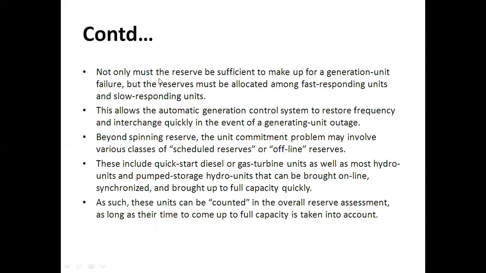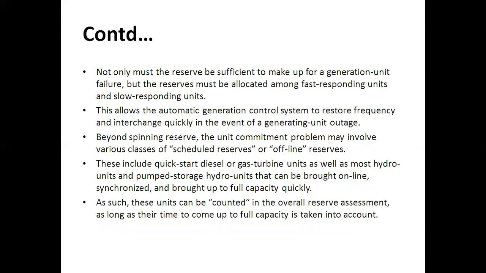Not only must the reserve be sufficient to make up for a generation unit failure, but the reserve must be allocated among fast responding units and slow responding units. So we have to first determine which unit is responding fast and which unit is responding slow. After classifying those units, we have to allocate that reserve.